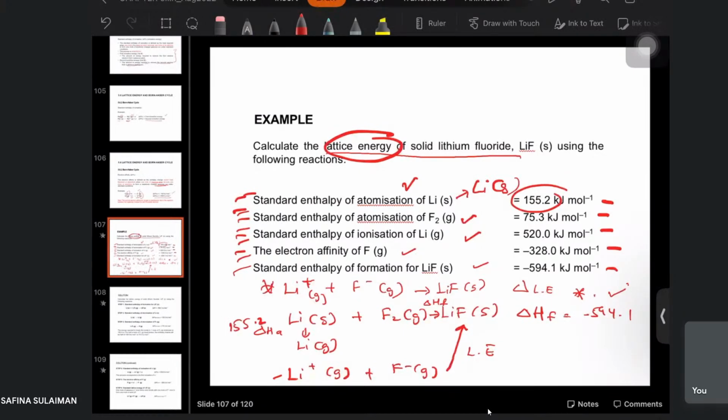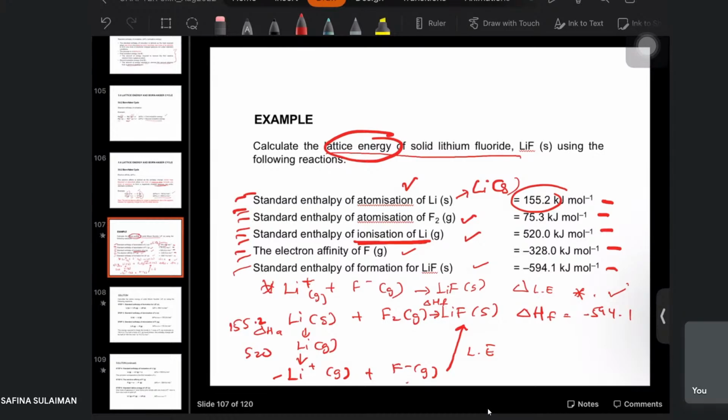After that, lithium gas ni you kena tukarkan kepada Li+. Bila dia jadi positif, dia akan remove the electron, iaitu ionization. So Li kepada Li+, dia akan undergo ionization iaitu nilai dia adalah 520.